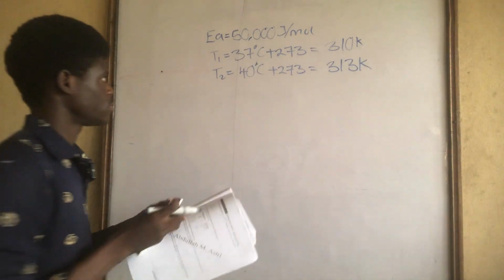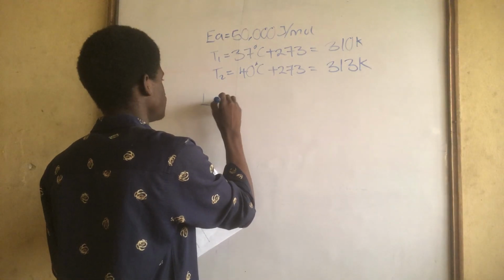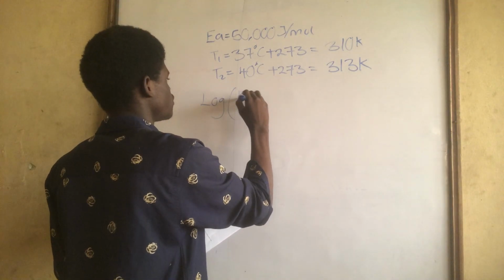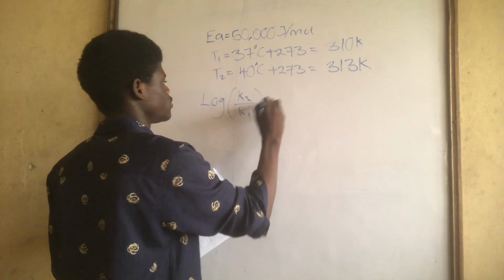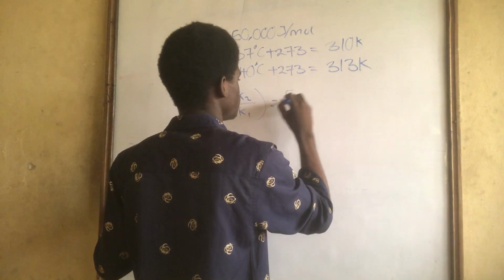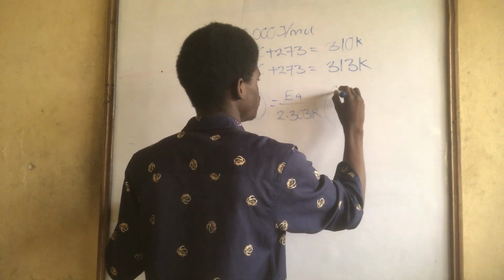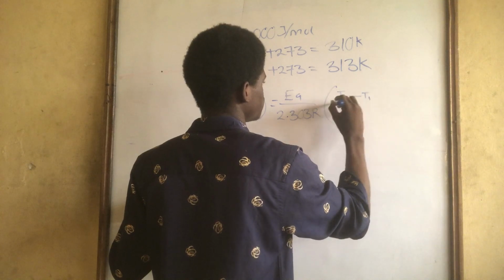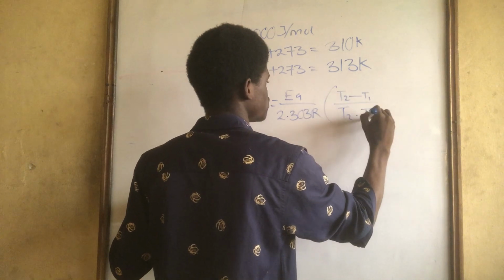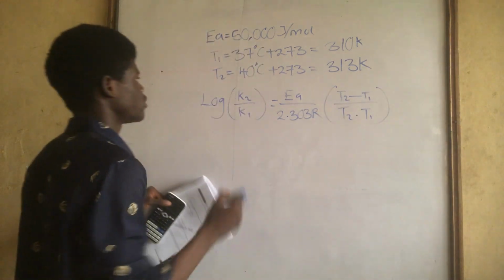So let us go into the formula. Log K2 over K1 is equal to Ea over 2.303R, times T2 minus T1 over T2 times T1. Then let's plug in our values.